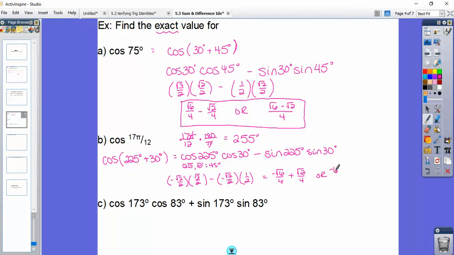Or you could rewrite this as negative radical 6 plus radical 2 over 4, or radical 2 minus radical 6 over 4. Any of those options are okay. Okay.